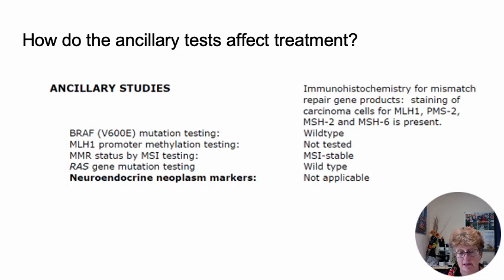So they did that, and it's MSI stable, which confirms the immunohistochemistry result. So there's no microsatellite instability. We're finding the normal proteins. It's basically saying that this tumor did not arise through the DNA mismatch repair pathway or methylation of the promoter. Okay, then they're looking for a RAS gene, and it's also wild type, so it's not mutated.